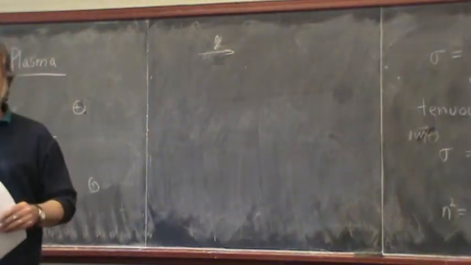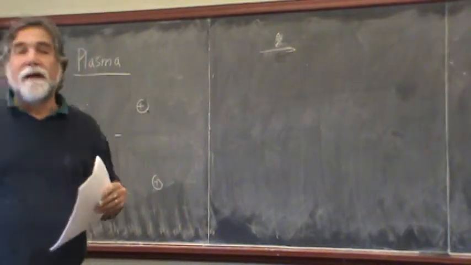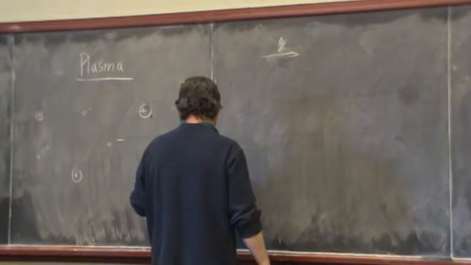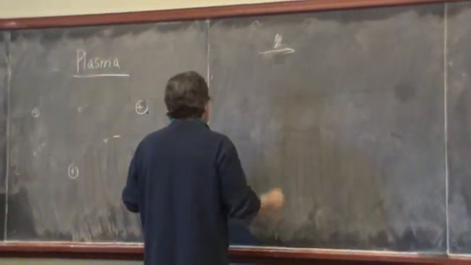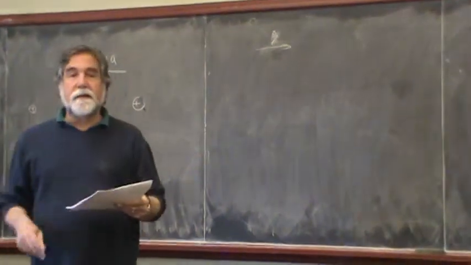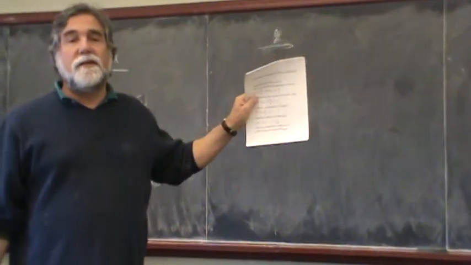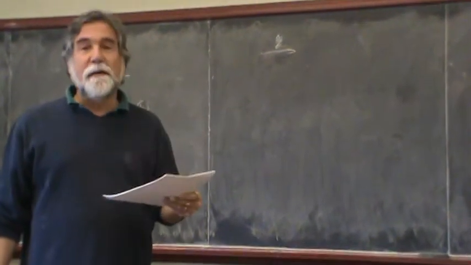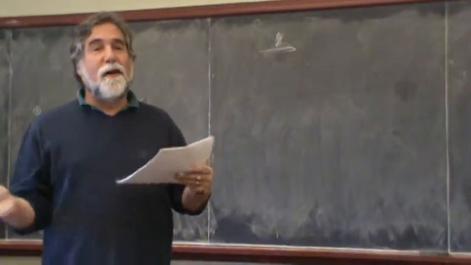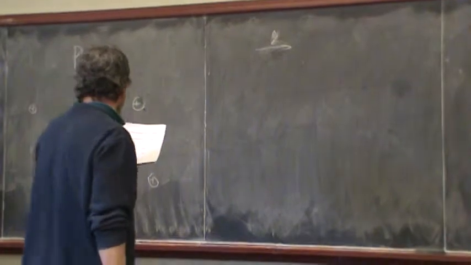And then I can ask, how can I satisfy Maxwell's equations under that situation? Unfortunately, I wrote these notes last year, and now I can't remember the justification for the equation that I'm about to write. So I'll make that an exercise for the students.